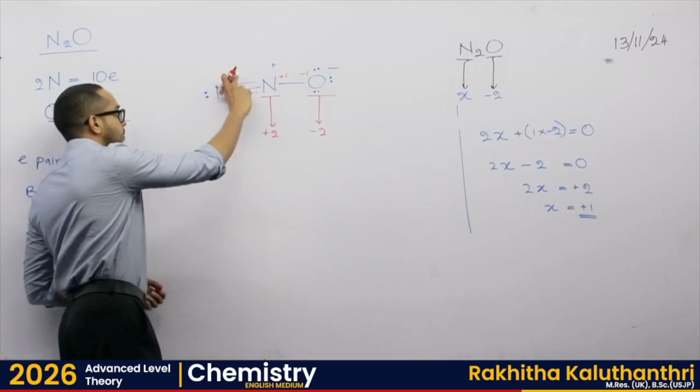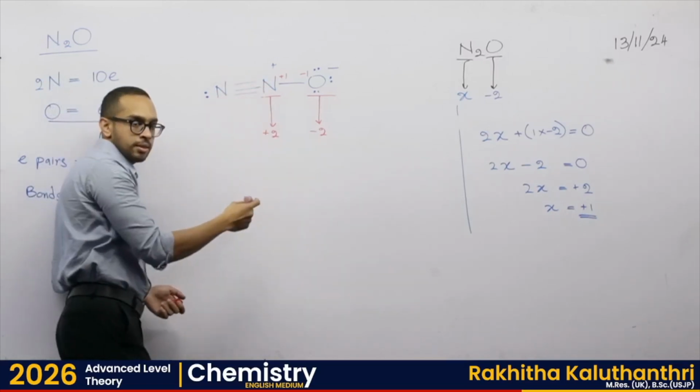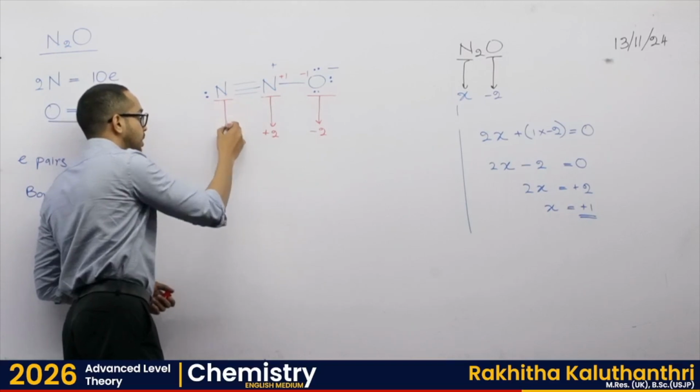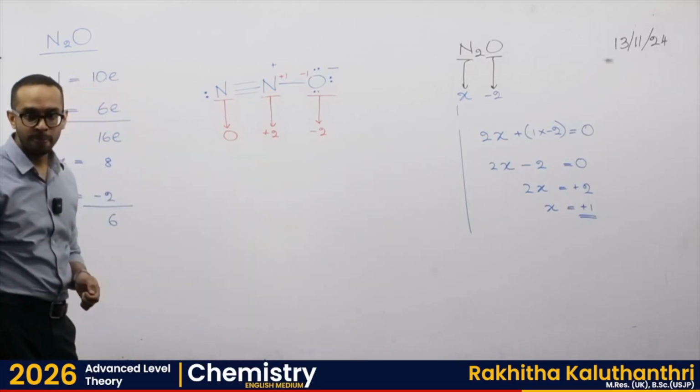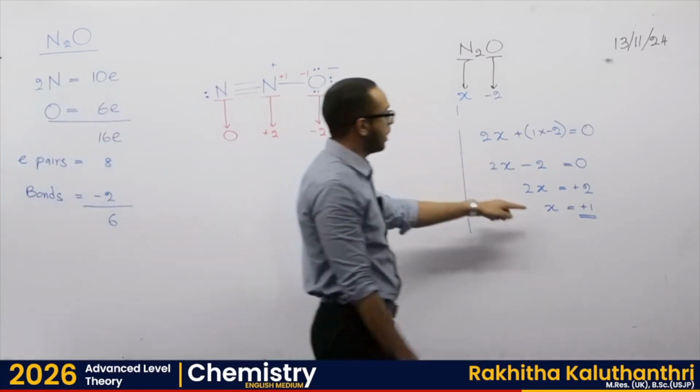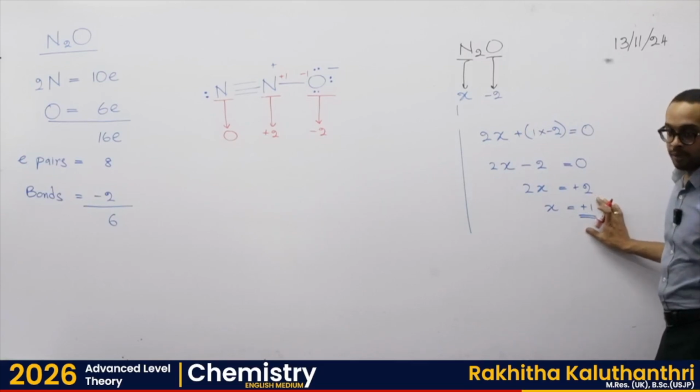Right, so this is how you will write the charges. And what about this nitrogen? Any of these nitrogen bonds, are they polarized? No. So therefore this nitrogen would be in zero oxidation state. Is that clear? Do you understand? But when we calculated it this way, we got a +1. That is the averaged out value.